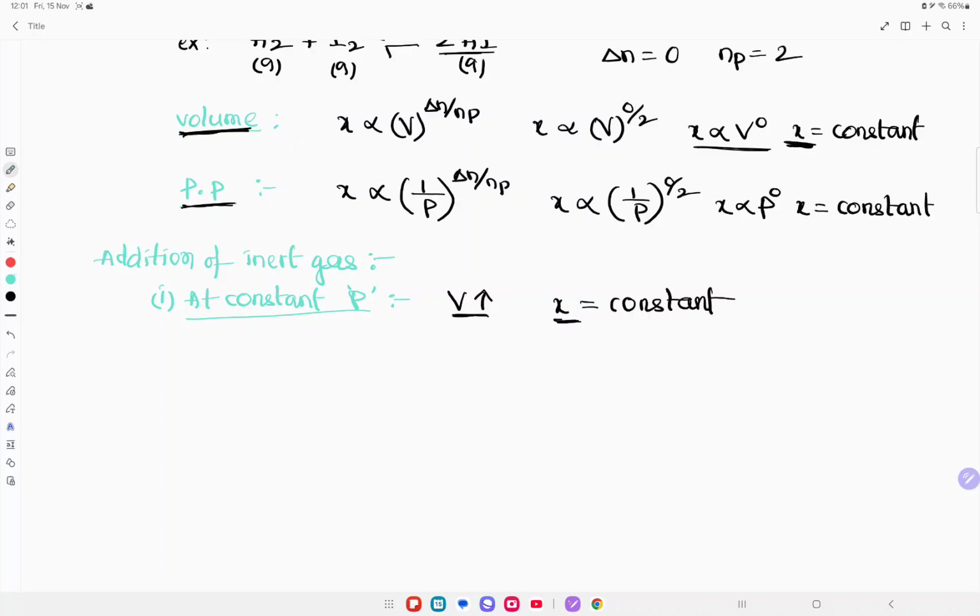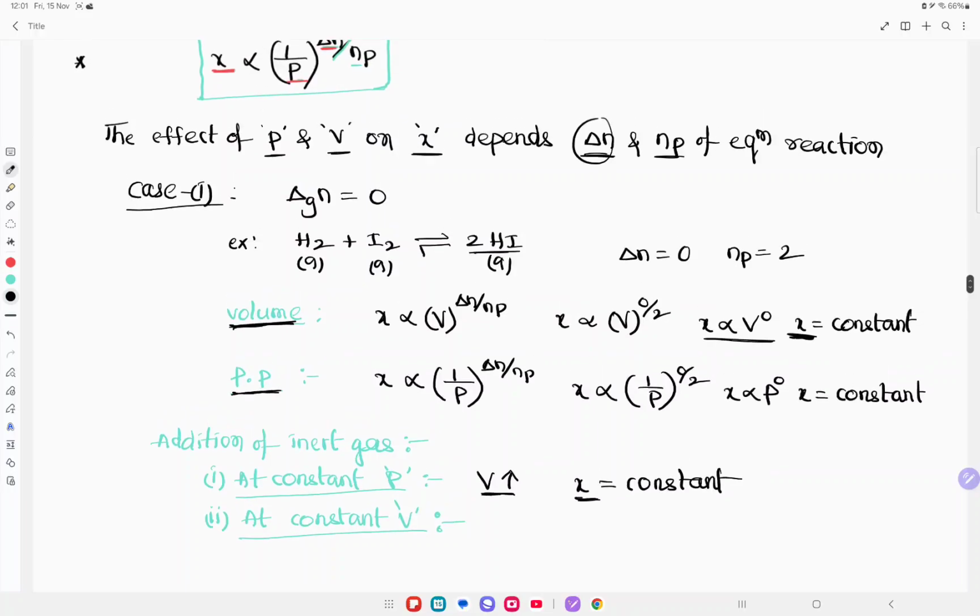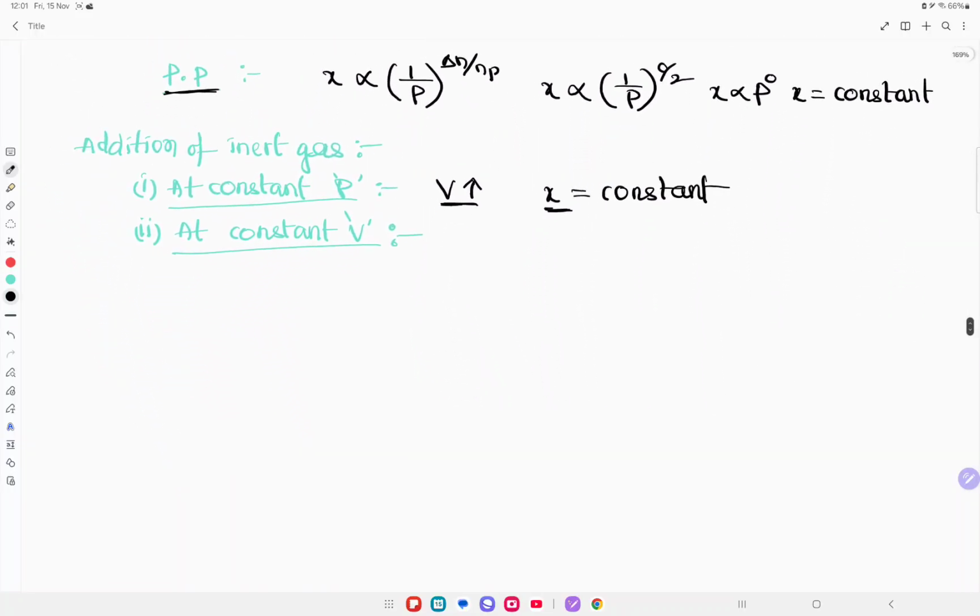Next, the condition at constant volume: addition of inert gas to the equilibrium reaction at constant volume. Then what happens? Total pressure increases, but partial pressure doesn't change. The partial pressure is constant, then X is also constant.